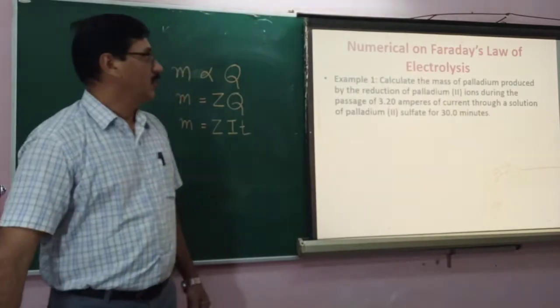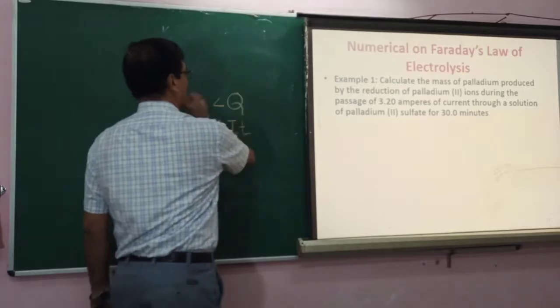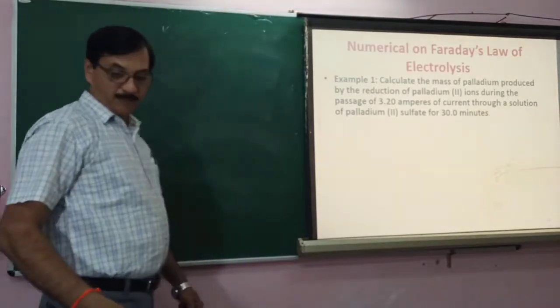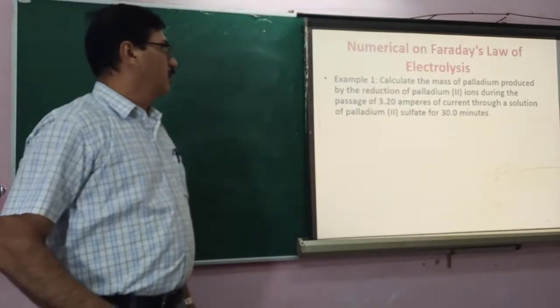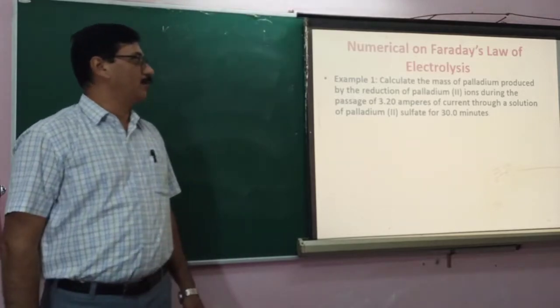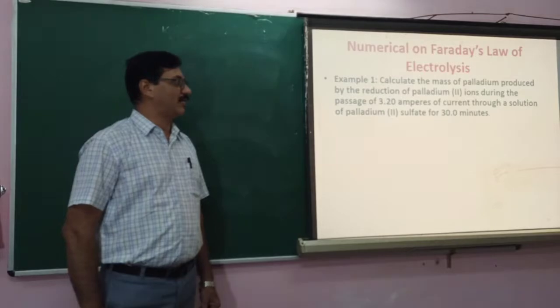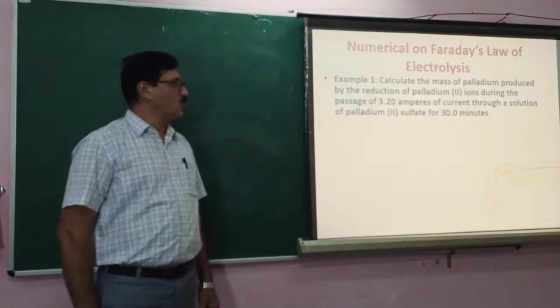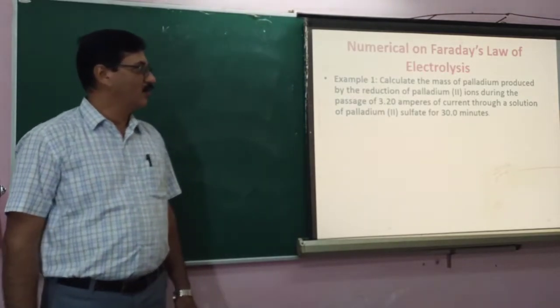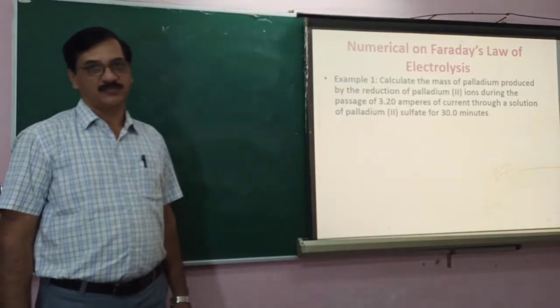Now example 1: calculate the mass of palladium produced by the reduction of palladium 2 ions during the passage of 3.2 amperes of current through a solution of palladium 2 sulfate for 30 minutes.